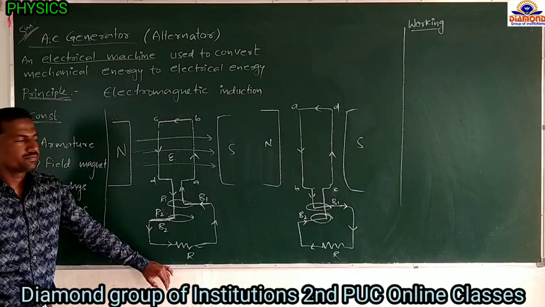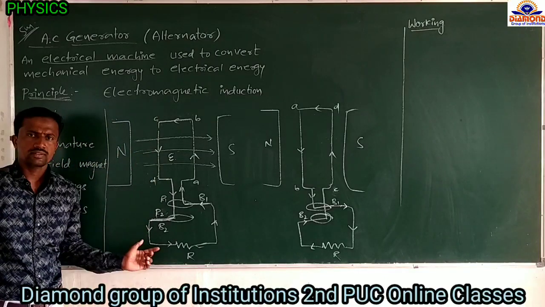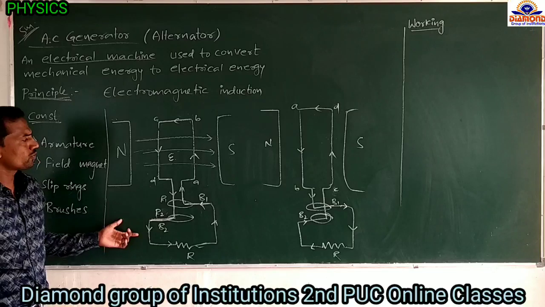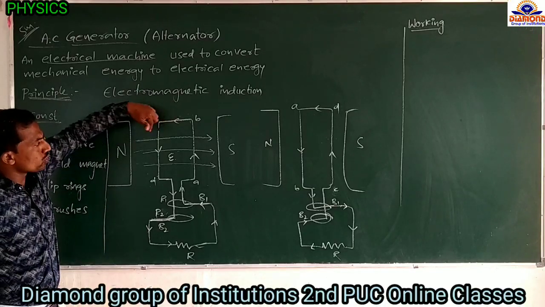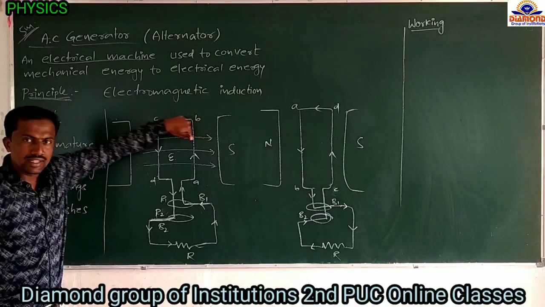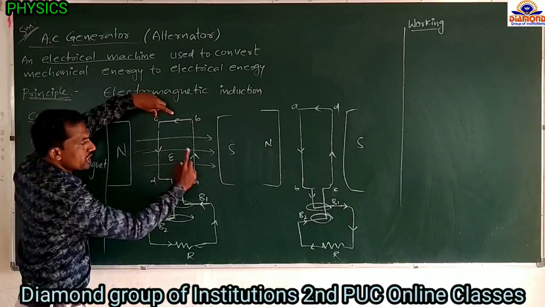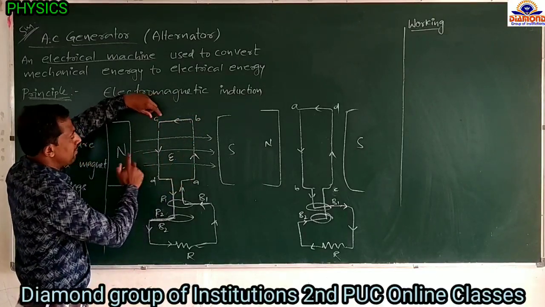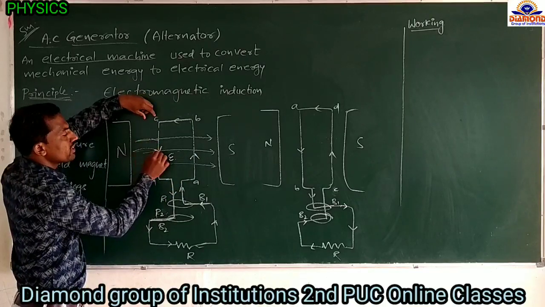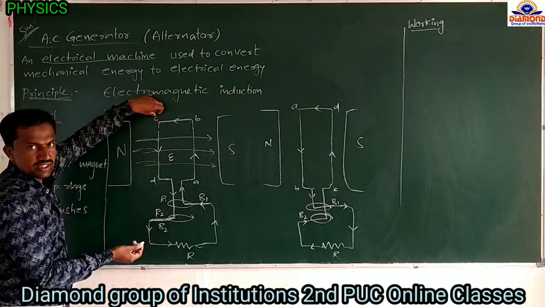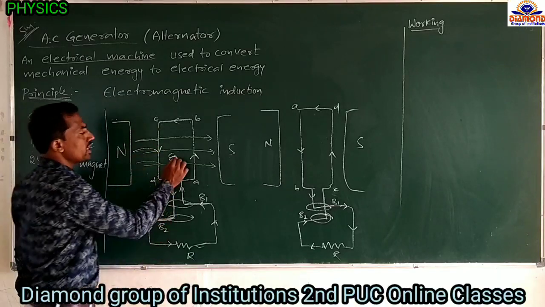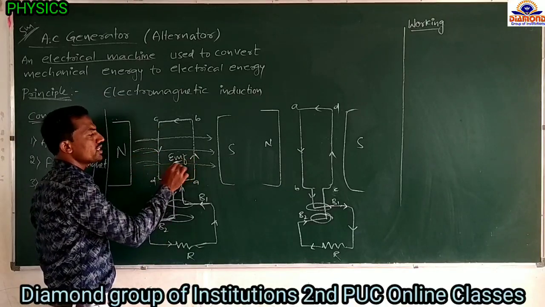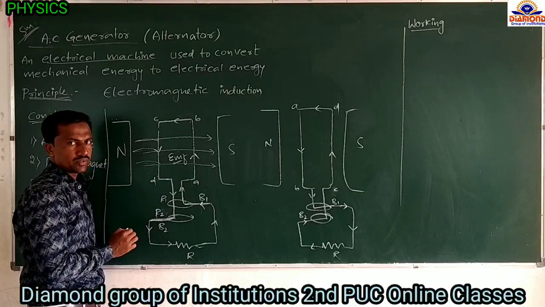Just write simple words. In working, just two or three points. First one, the coil is rotated in the magnetic field. Magnetic flux linked with the coil changes, which means EMF is induced in the circuit or coil.